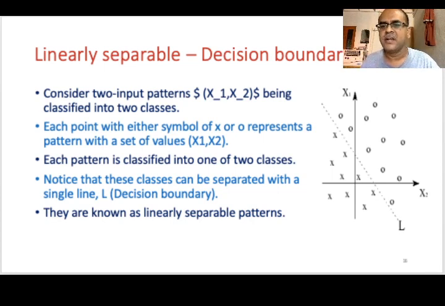That doesn't matter. You can draw anything based on your convenience. Here it is a dotted line. If I can draw a single linear line that can separate these two classes, then this problem is called a linearly separable problem.